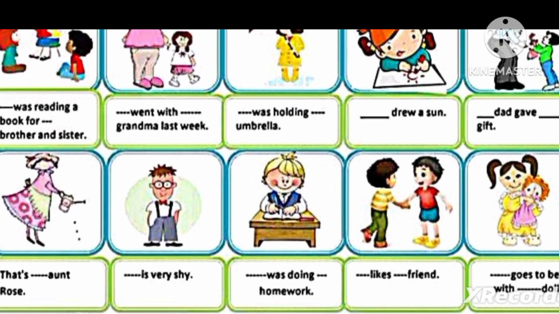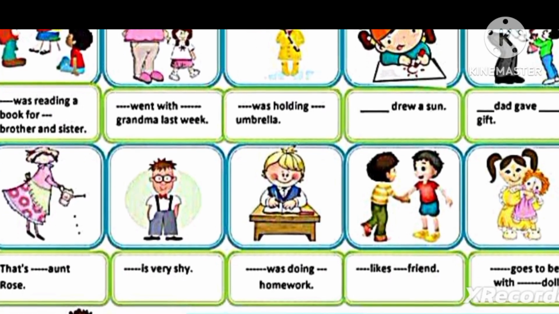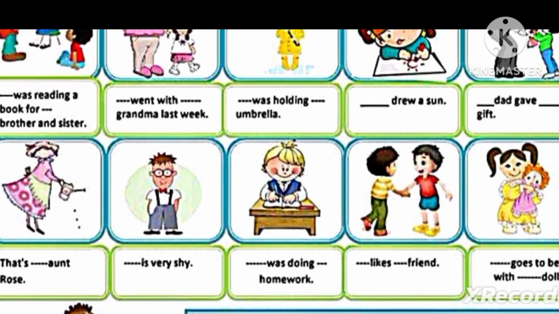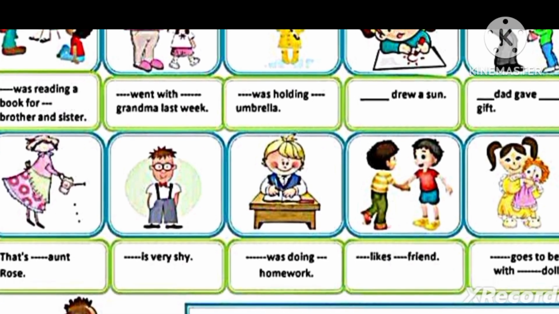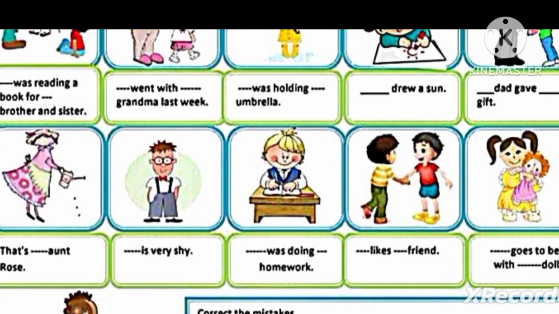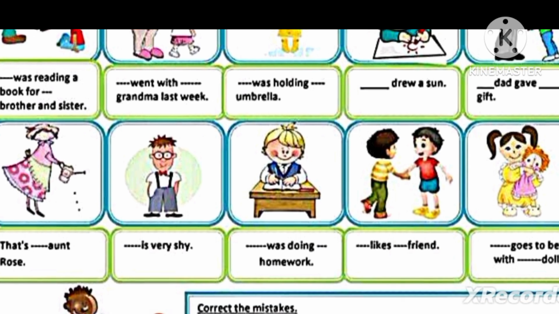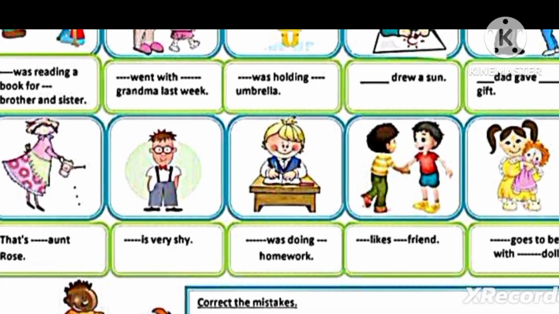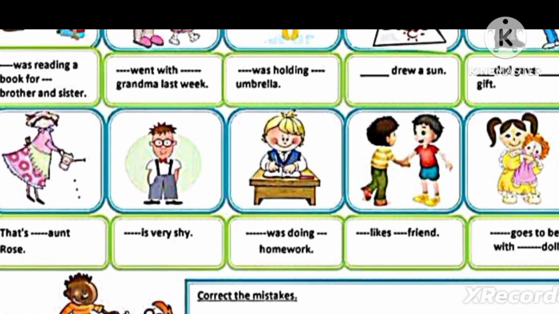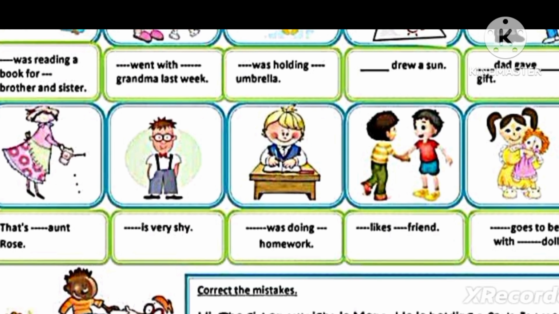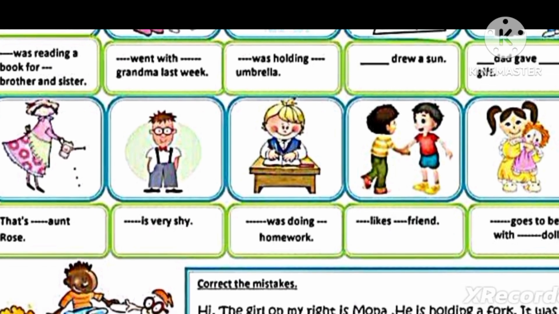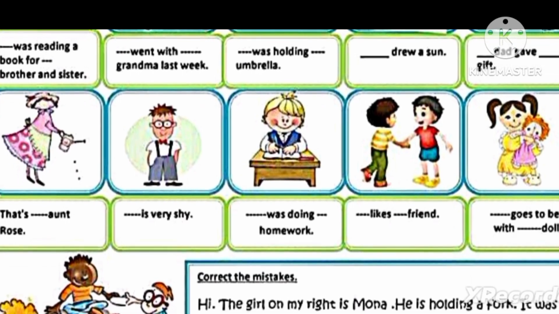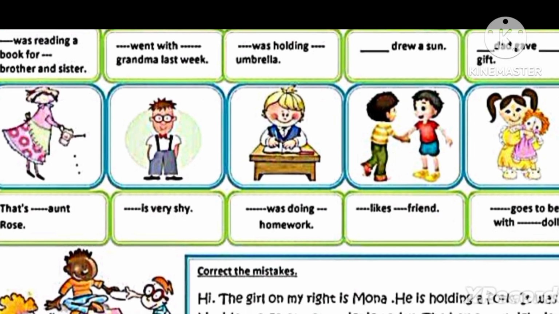She draw a sun. His dad gave him gift. That's his Aunt Rose.